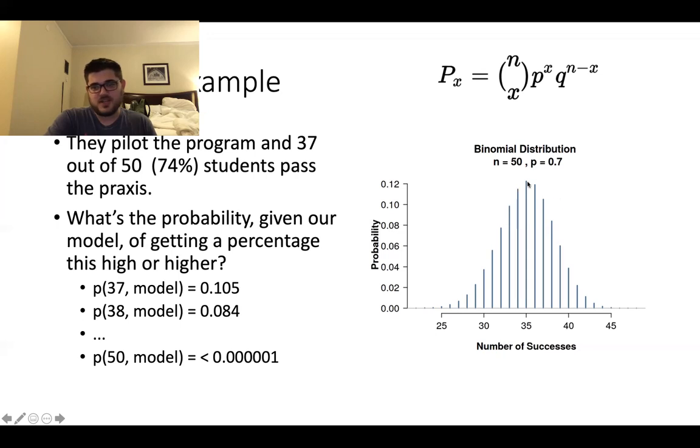Coin flips, rolling the dice, random chance. Maybe they just happened to be a little lucky this time. If you ran the pilot study again, who's to say they might not have a little less than 74%? Maybe they're only at 66% passing.